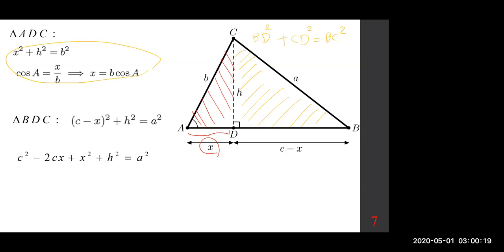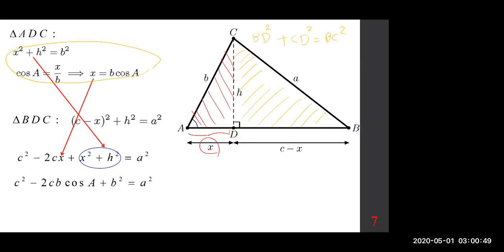And then X is B cosine A. So these two can be replaced by B squared, and X can be replaced by B cosine A. So let's do that. C squared minus 2C, instead of X, we're going to put B cosine A. And then instead of X squared plus H squared, we're going to put B squared.